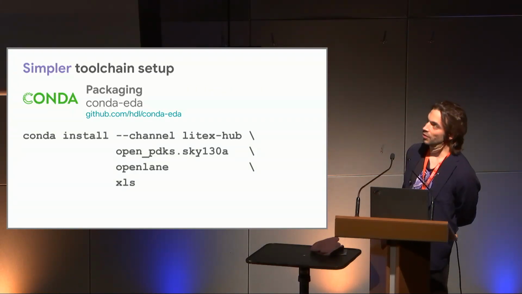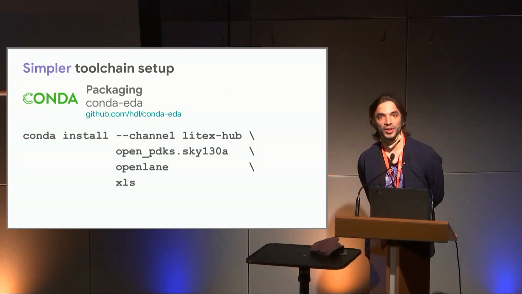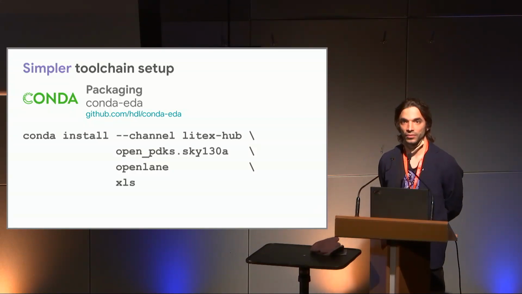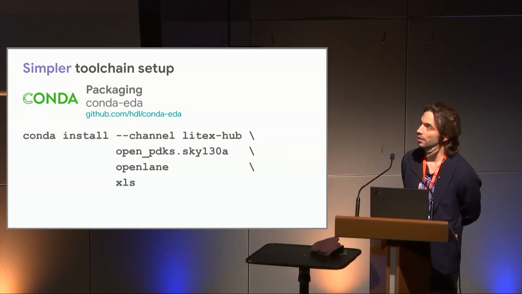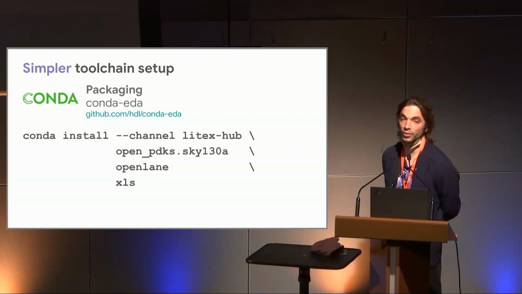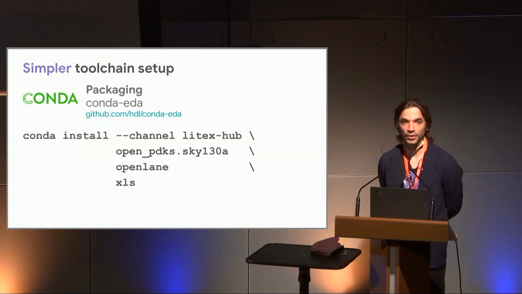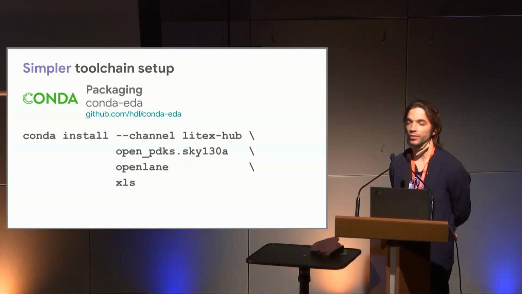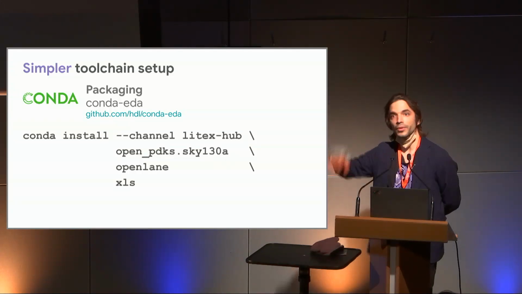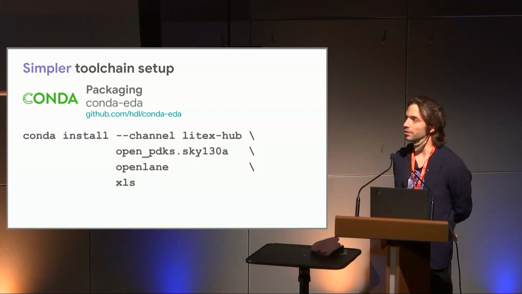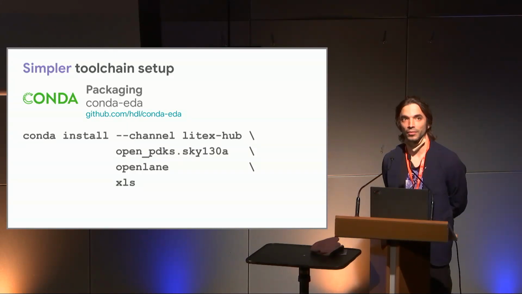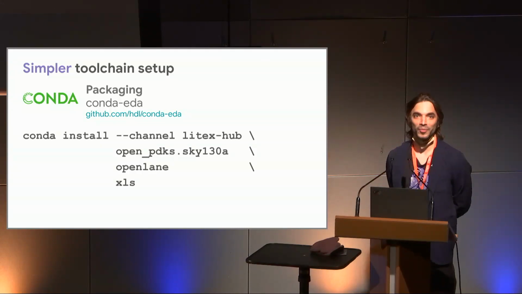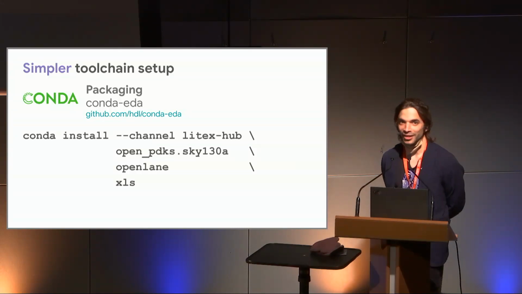And so I want to talk now a little bit about what inside the Jupyter ecosystem helped us to be successful there. First, the Conda ecosystem. We started realizing that the big barrier of entry for people was just installing the tools to get that toolchain running. Before we started that, the default way of running those tools was to compile them from source, and that could take a long time for some of those tools.